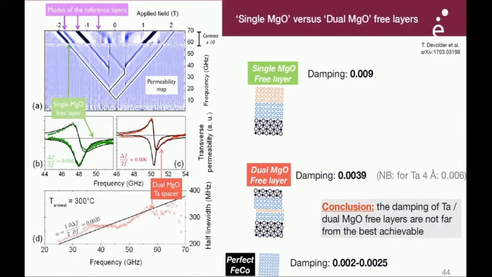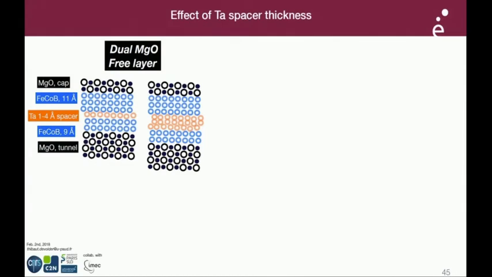So indeed the damping of STT-MRAM free layers is now not that far from the best achievable in iron cobalt boron systems. I mentioned that we have to minimize the number of contaminants. So we did a study on what is the optimum thickness of the tantalum spacer layer at the middle of the free layer.